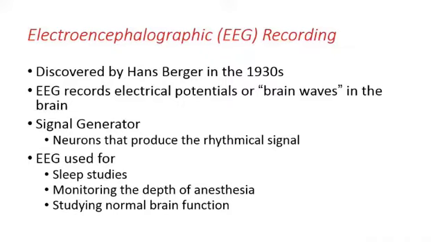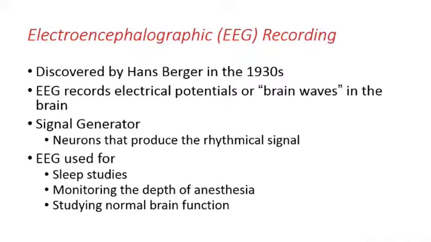EEGs, you'll see, mostly are used for sleep studies, and in that context they're called polysomnography, or PSG, and then they can also be used to monitor the depth of anesthesia, by the production of slow waves that are produced as anesthesia goes deeper and deeper. They can also be used to study normal brain function.